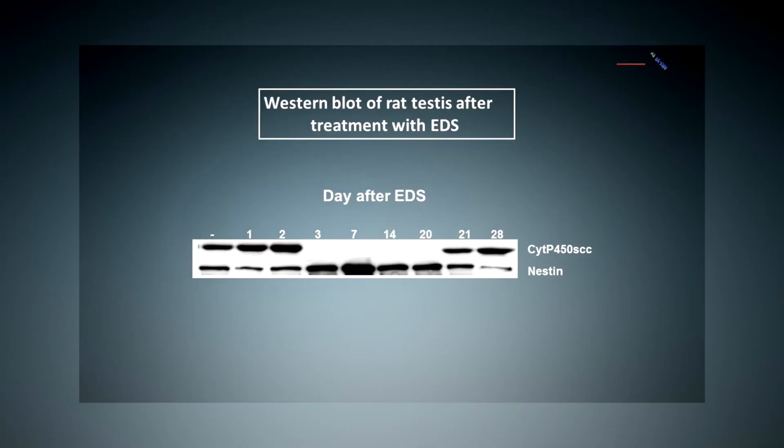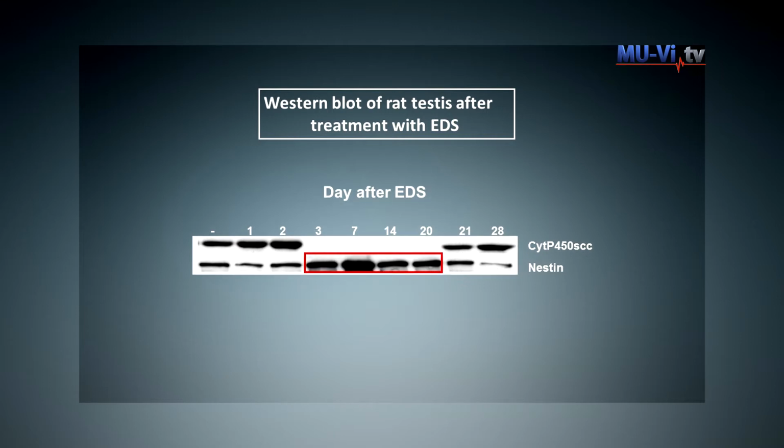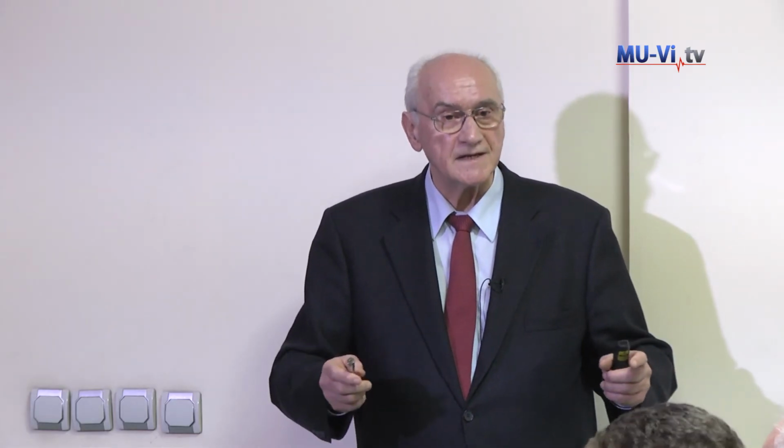We have shown also at protein level, using a Western blot experiment, that this is really true. You can see here, after ethane dimethanesulfonate treatment of the testis of the rats, that between the 3rd and the 20th day, no cytochrome P450 can be seen. This means there are no cells which are like Leydig cells.